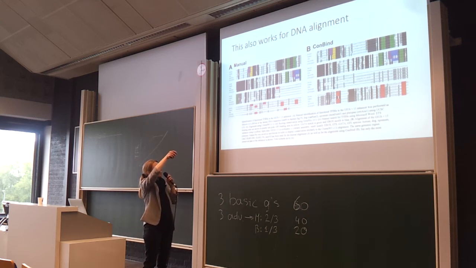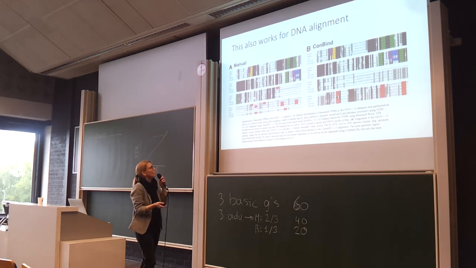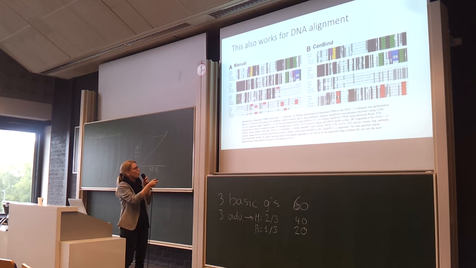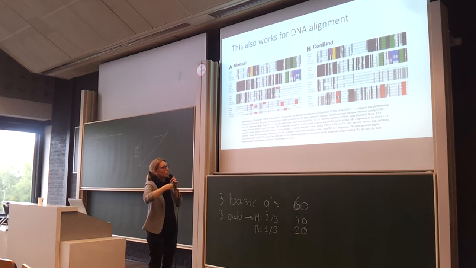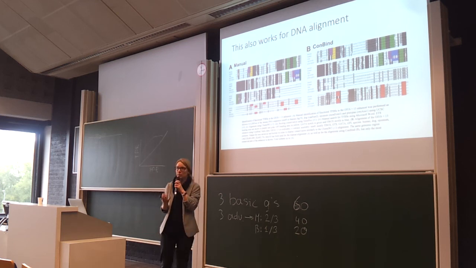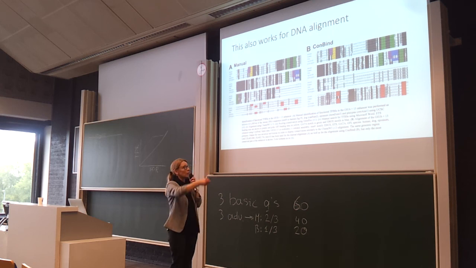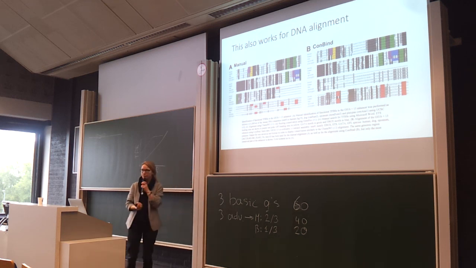For example, here's a transcription factor binding motif in green, you see GATA here, and different transcription factor binding motifs also in red here. You see that this, which is also a version of this motif-aware alignment method but now for DNA sequences, can really make a good alignment and align two motifs on top of each other.